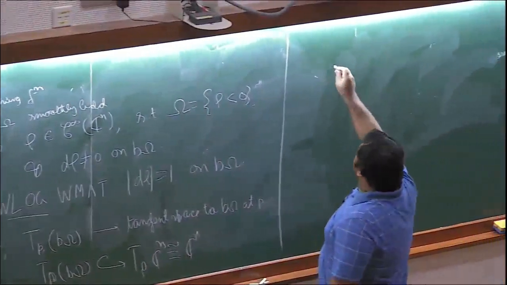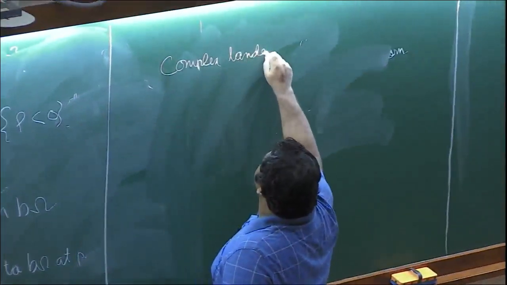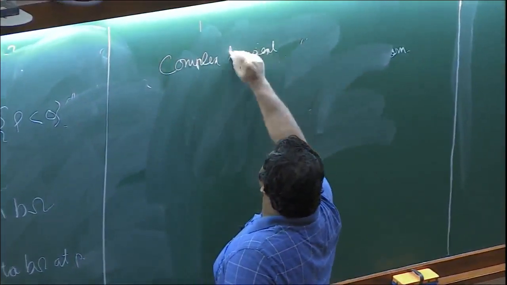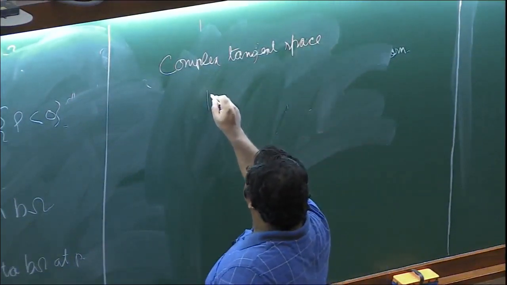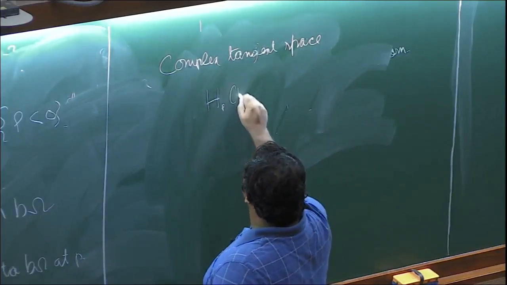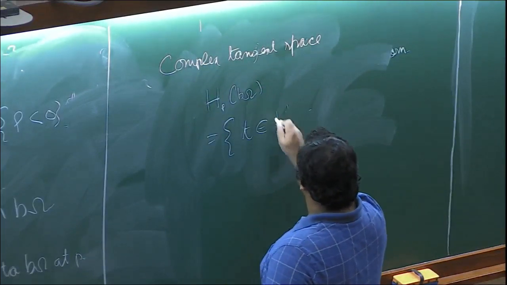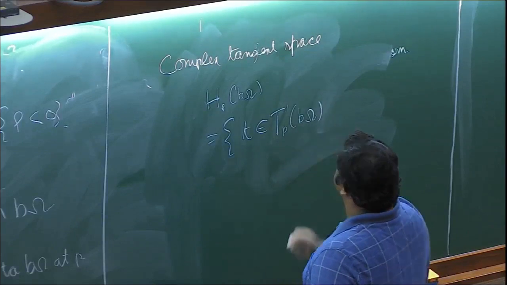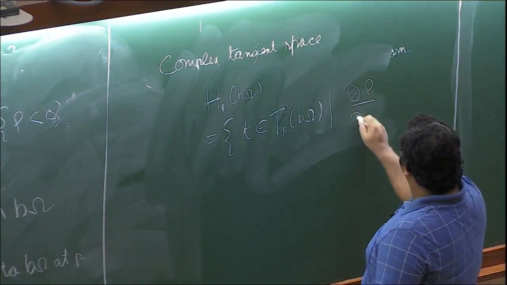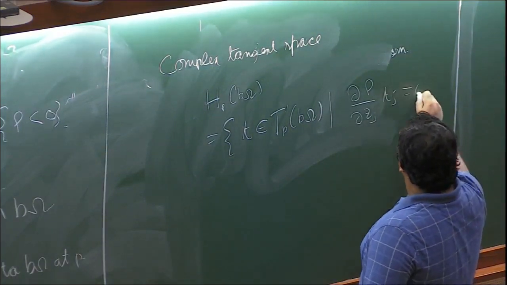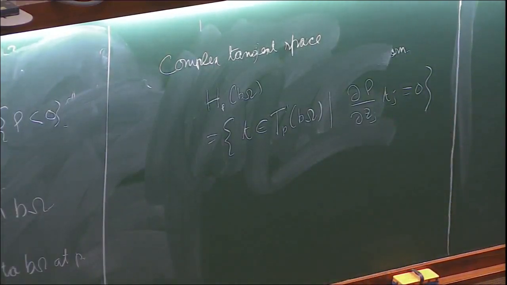All right. So the complex tangent space, I'll just write HP of B omega. This consists of all those tangent vectors T in Tp B omega, which satisfy the following, and I will explain its meaning in a few seconds. D rho over dzj Tj equal to 0. So what does this mean? So we are sitting inside Cn.